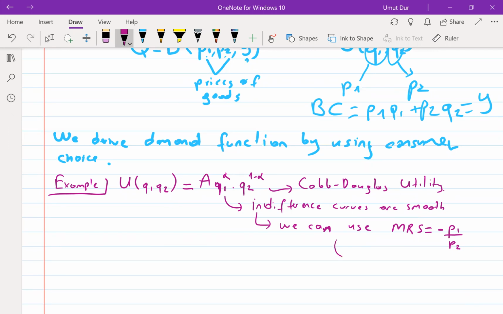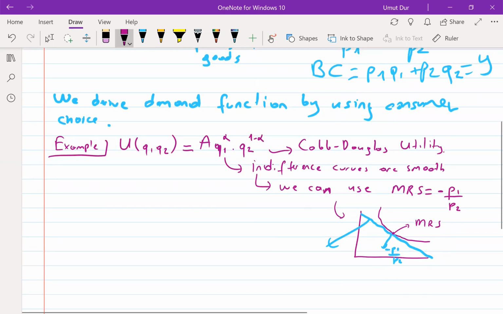This comes from the fact that when we draw our indifference curves and have the budget line, the slope at this point is minus P1 over P2. Since the indifference curve is smooth, we also have a slope here, and we can take the derivatives, which is MRS.